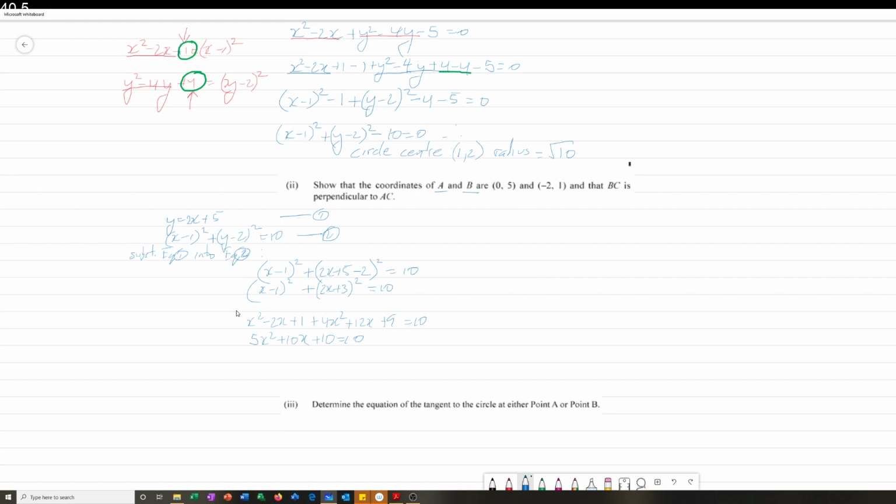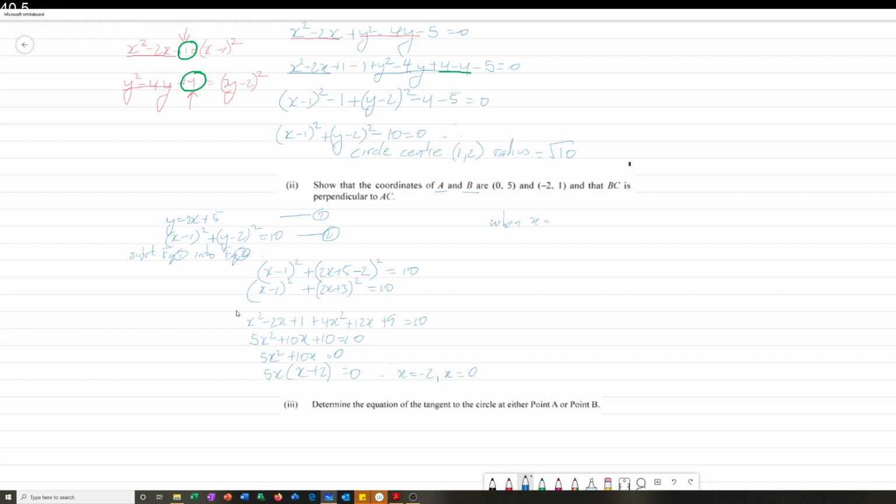So this leaves me with 5x squared plus 10x is equal to 0. So if you factorize out 5x over here, you're going to get x plus 2 is 0. So therefore your solutions are x is equal to minus 2 and x is equal to 0. Alright, so those are my x values. So I would say let's find the corresponding y values.